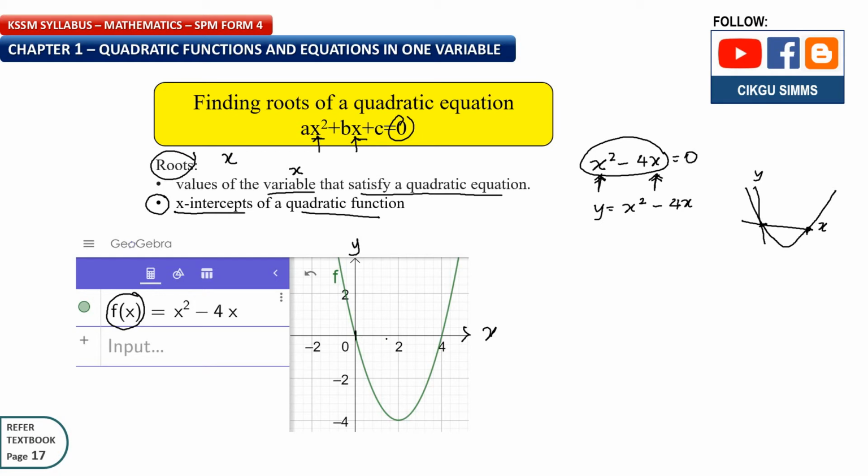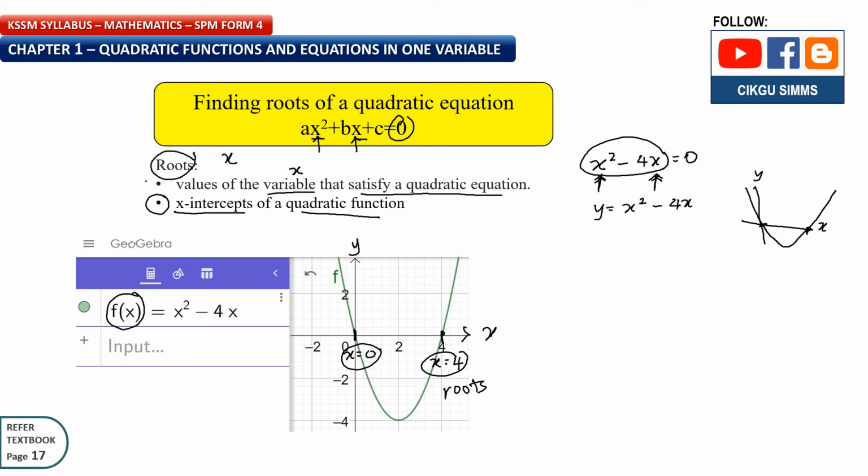So this is an x-intercept, this is also an x-intercept. So we have two intercepts here. The first is x equals 0, and here is x equals 4. So these two are the roots. Roots are also the x-intercepts.